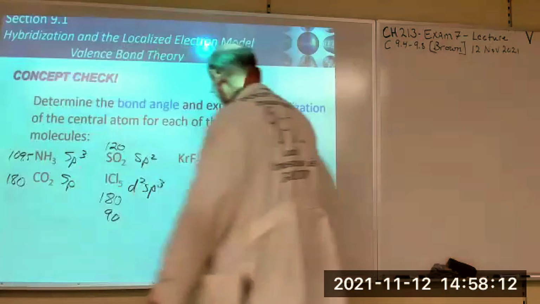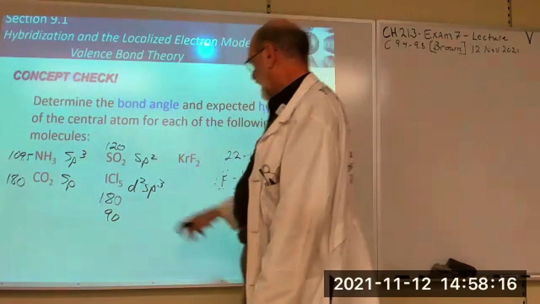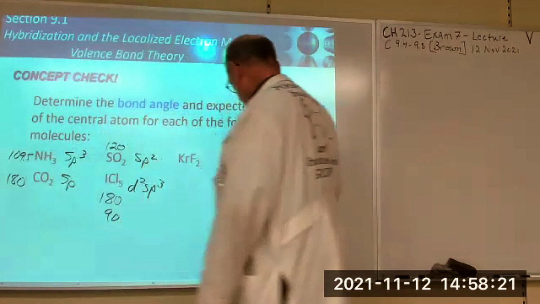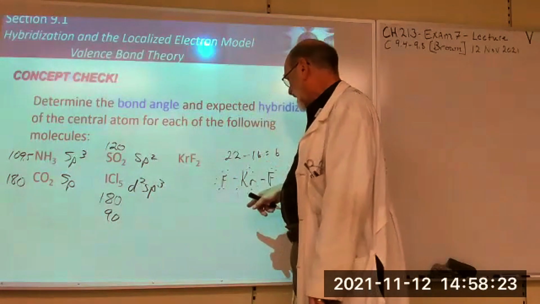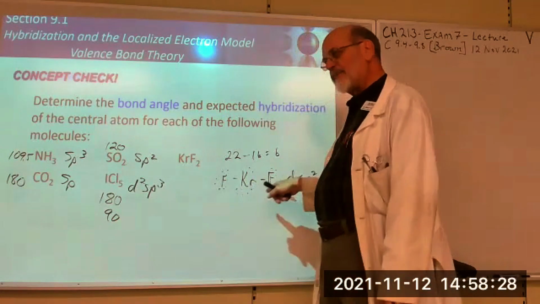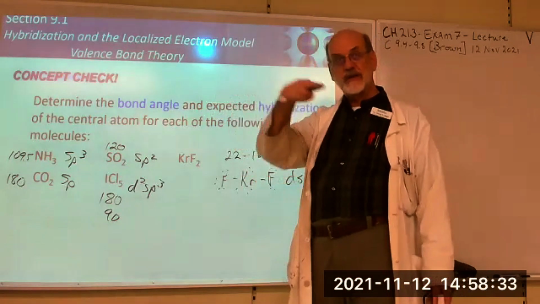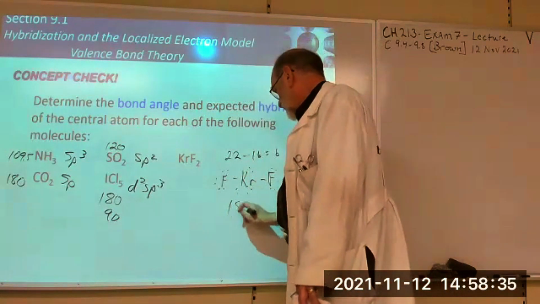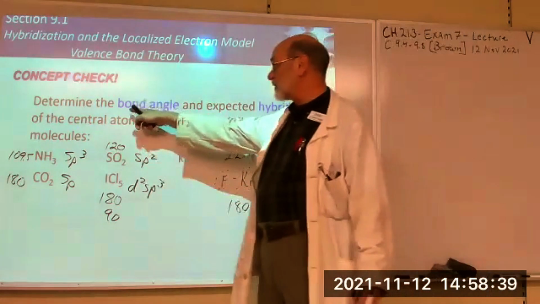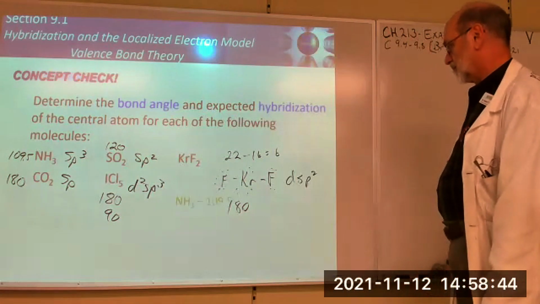And trigonal bipyramid. Oh, bond angles. Okay, that's true. But for this one, in a trigonal bipyramid, where do these lone pairs go? They go on the triangle in the middle. So the only bond angle here is 180 degrees. If we're going to stick to the strict definition of bond angle, that's it.